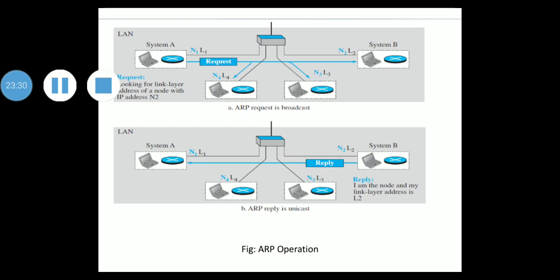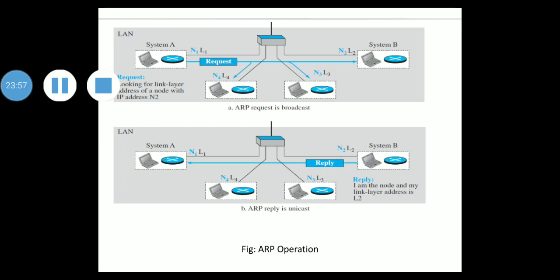System A needs to pass a packet to its data link layer for the actual delivery, but it does not know the physical address of the recipient. So it uses the service of ARP, asking the ARP protocol to send a broadcast ARP request packet to ask for the physical address of the system with IP address N2.